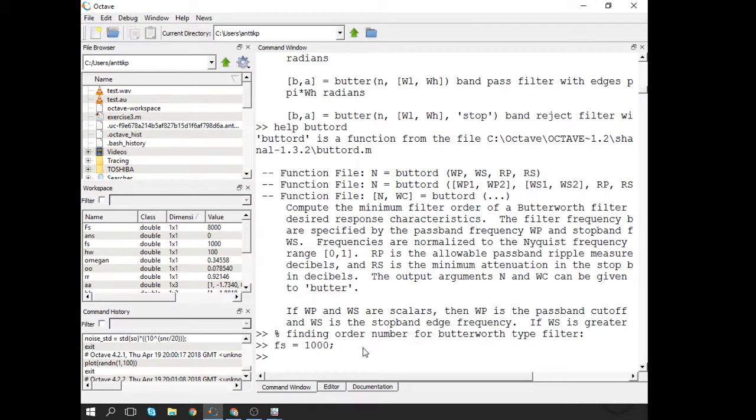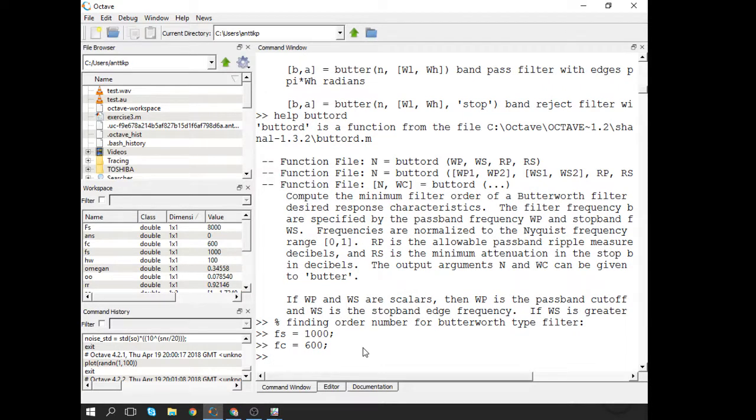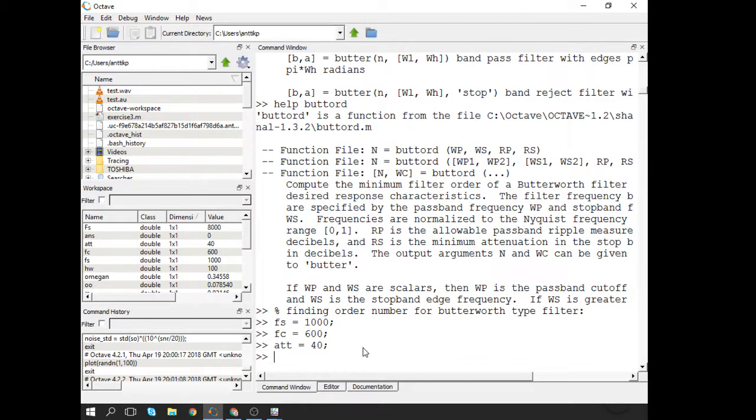Cutoff frequency 600 hertz. Attenuation, say 60 dB on that. No, well, let's be modest. 40 dB, and then the RP is 3.